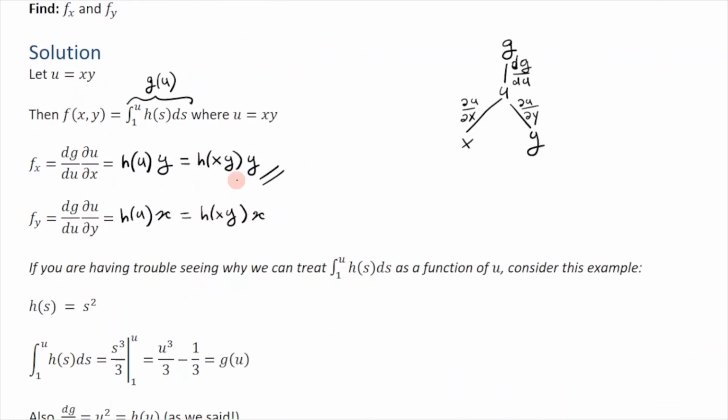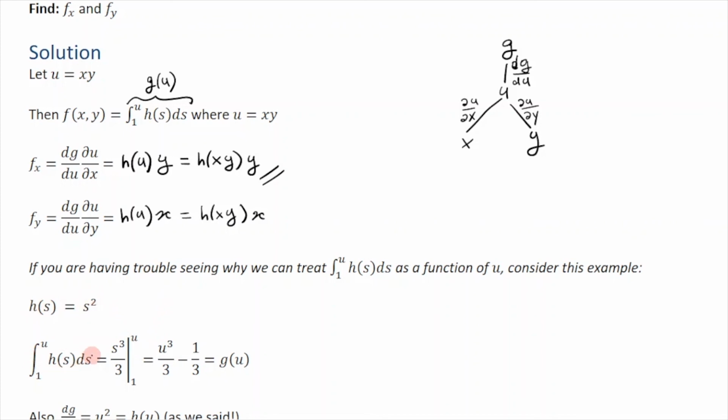Now, you might be a bit wondering why I said that this is a function of u. Well, this is because an integral destroys any dependence on this dummy variable. So the actual dependence is on u. And I'm just showing you an example. For example, h of s equal to s squared.